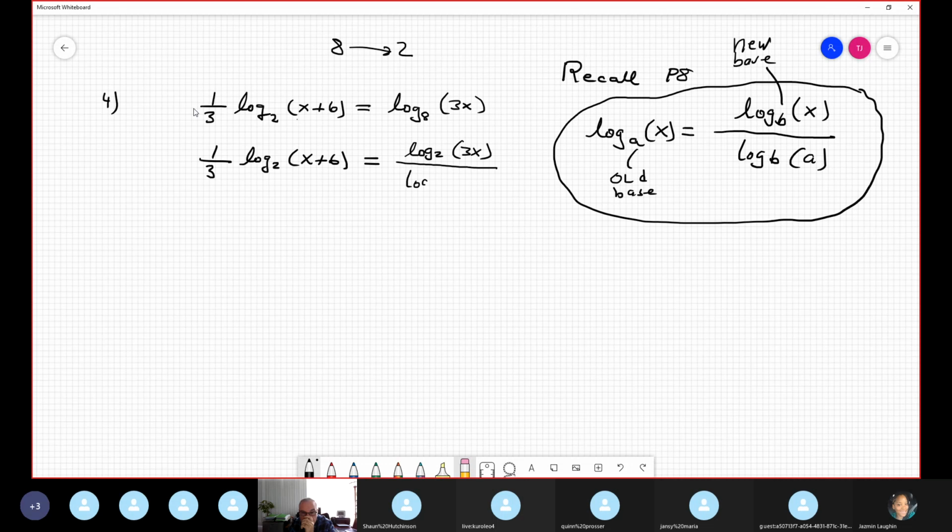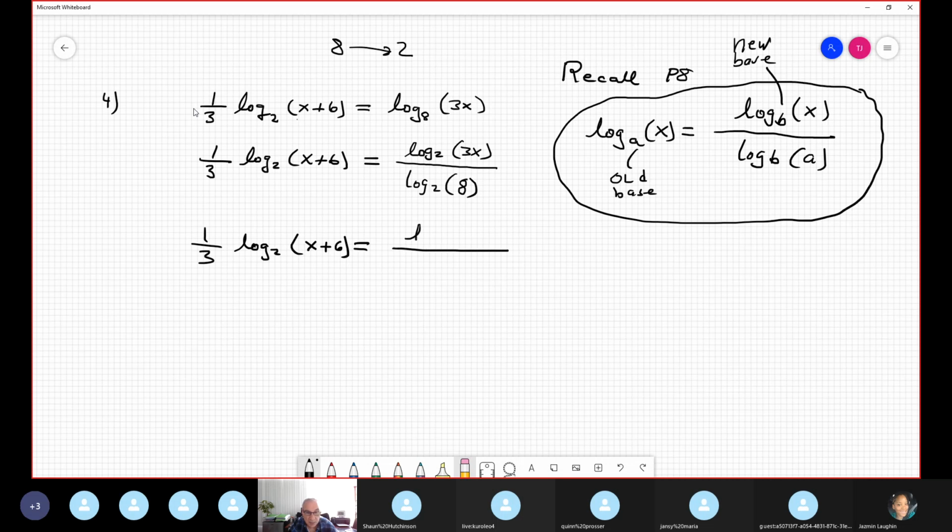Divided by logarithm base 2 of 8, because the same base B, and A is 8 in our problem. Okay, I convert using the change of base formula. So I write like that: 1/3 logarithm base 2 of x plus 6 is equal.